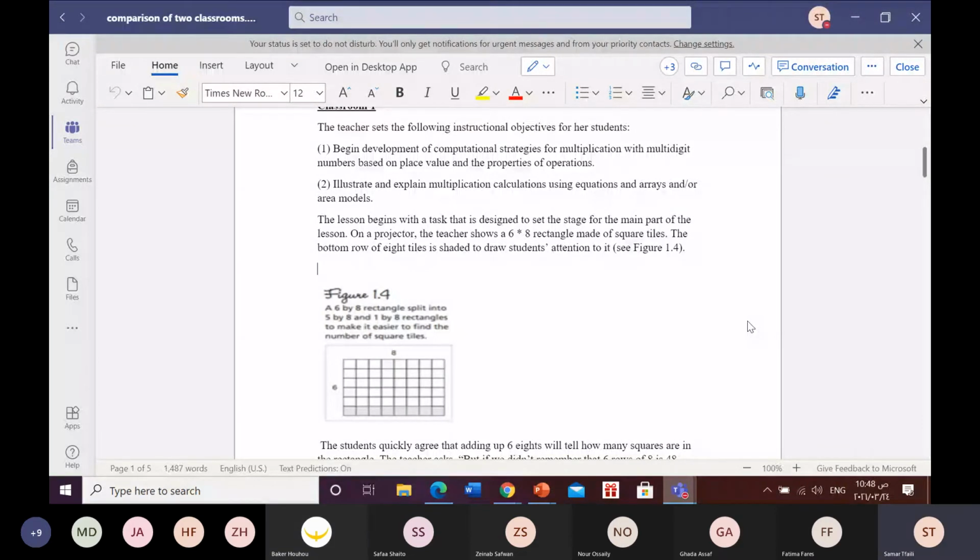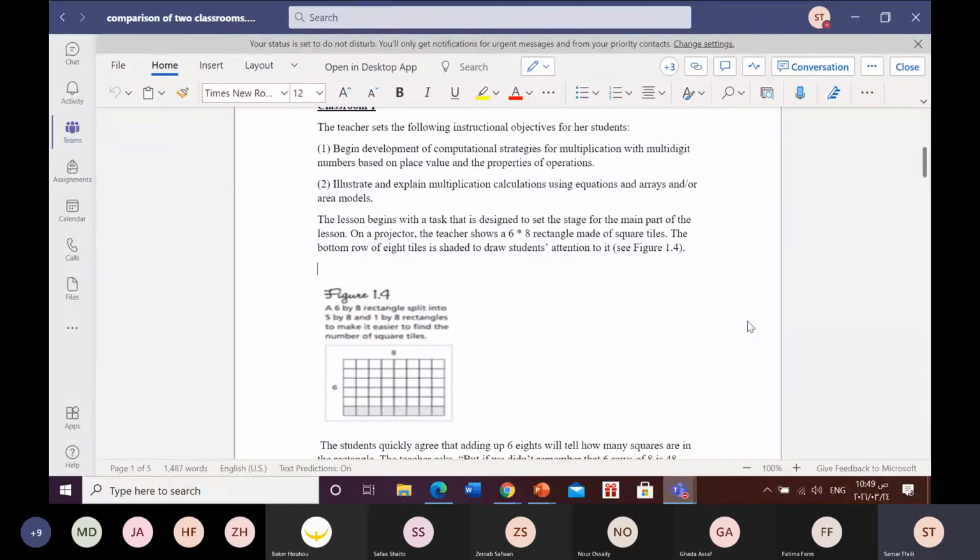Okay. So as instructional objective, I can say that we have the same objective in both classrooms. We have the same objective, right? But we have different methods. Because in the first classroom, the instructional objective is the same, but the teacher's goal, if you want, was that the students connect multiplication to their prior knowledge, to what they already know.